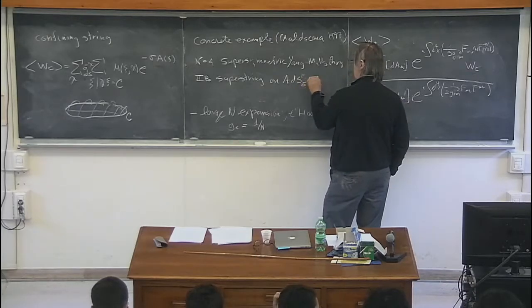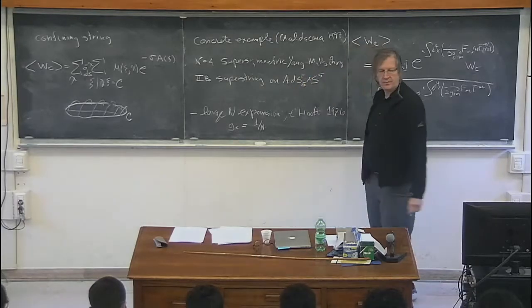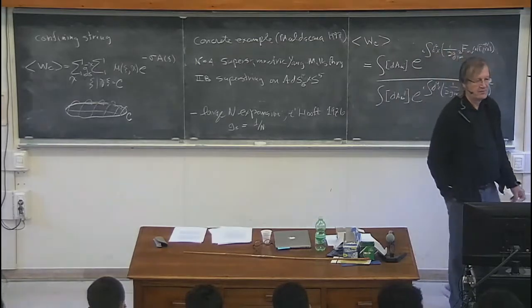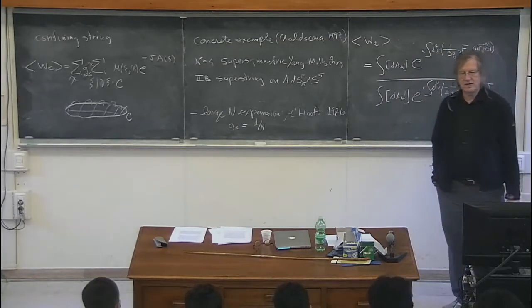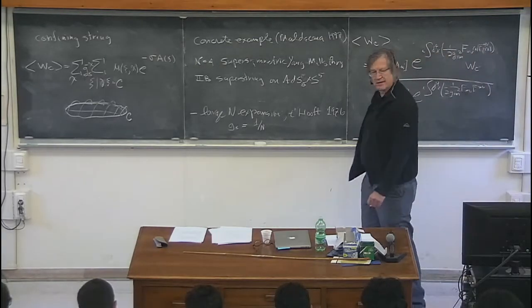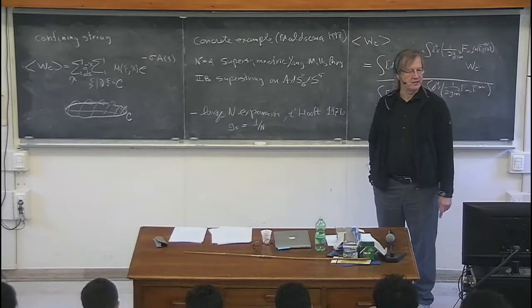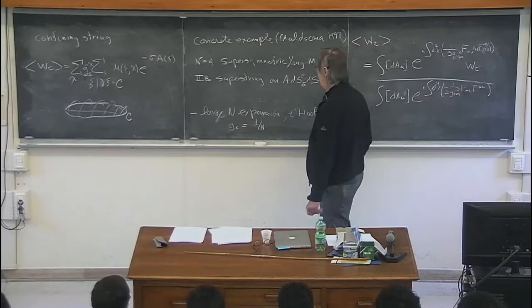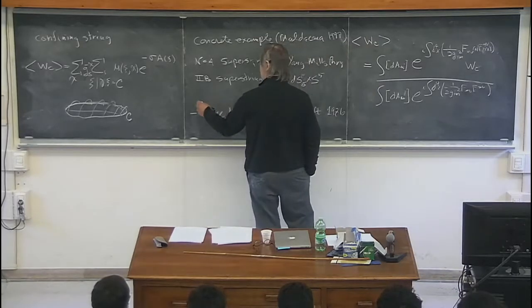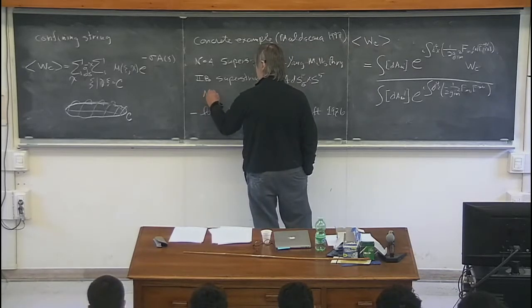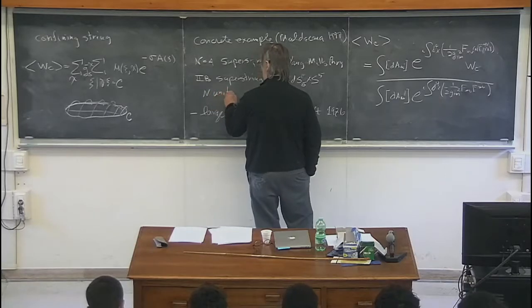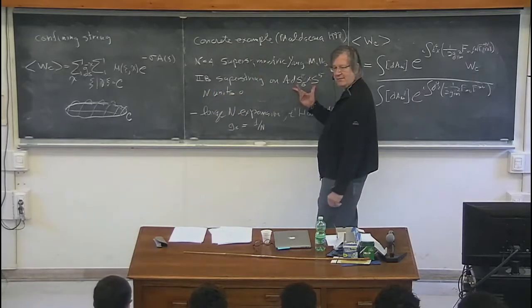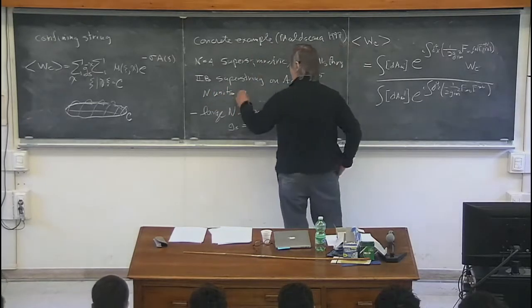And it's on a particular background with some of the fields excited. It's not a vacuum solution in a sense of the IIB superstring. It has a Ramond-Ramond 4-form flux excited. And it's also not a flat background. It is this product.